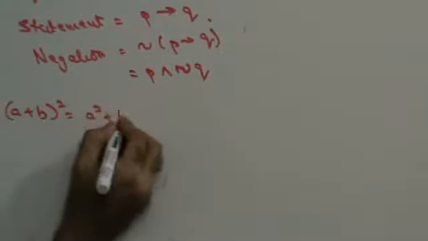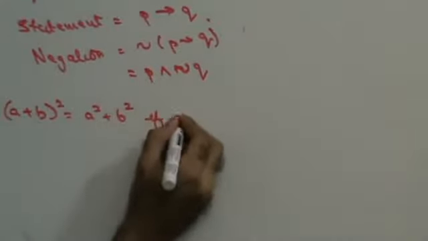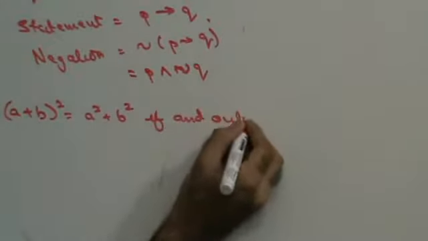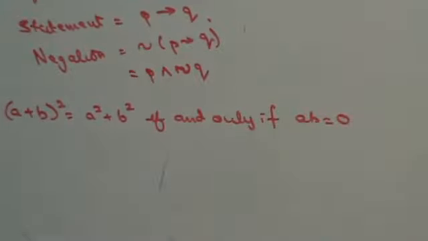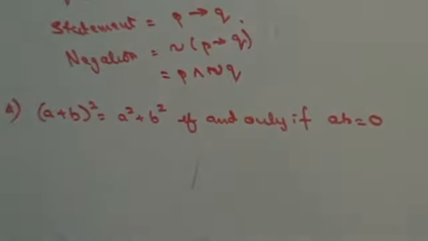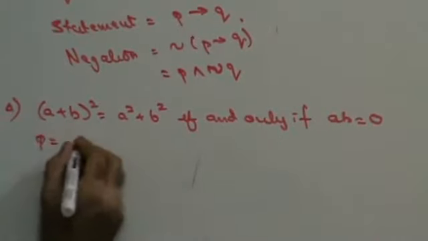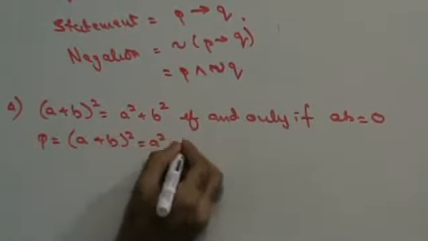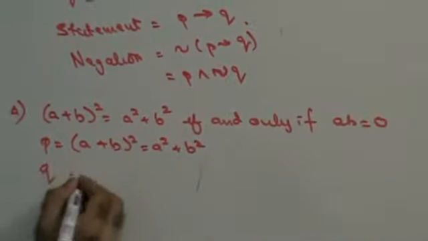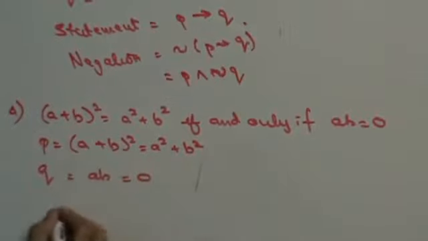A plus b the whole square is equal to a square plus b square if and only if AB is equal to 0. P is a plus b the whole square is equal to a square plus b square. Q is AB is equal to 0.